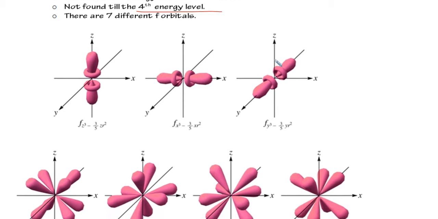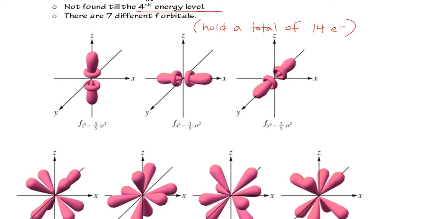They're nuts, which means they can hold a total of 14 electrons. Each orbital can hold 2 maximum. I've got 7 f orbitals for a total of 14 electrons.